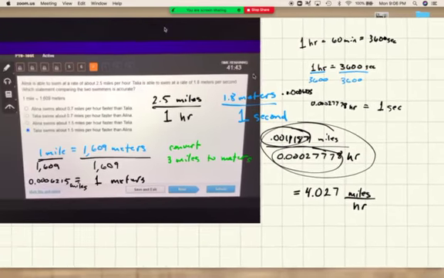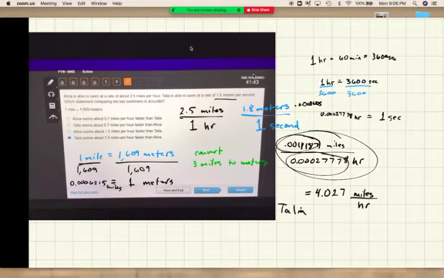So that is for Talia. So Talia is basically 4 miles per hour, and the other one, Alina, is 2.5 miles per hour.